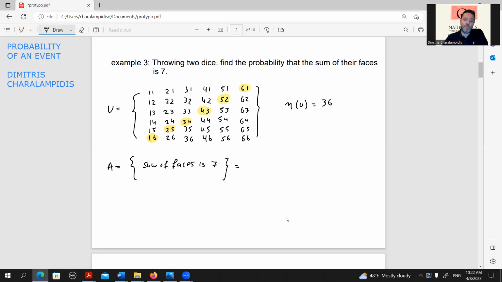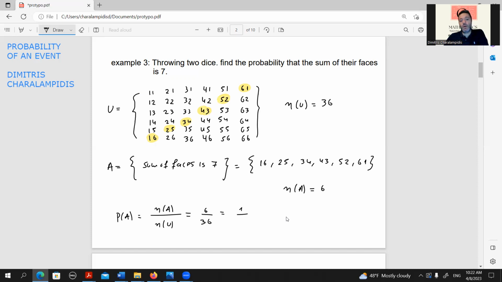So this set would include these pairs, which makes its cardinality equal to 6. So finally, the probability of that event would be its cardinality divided by the cardinality of the universal set. So it should be 6 out of 36, which means 1/6.